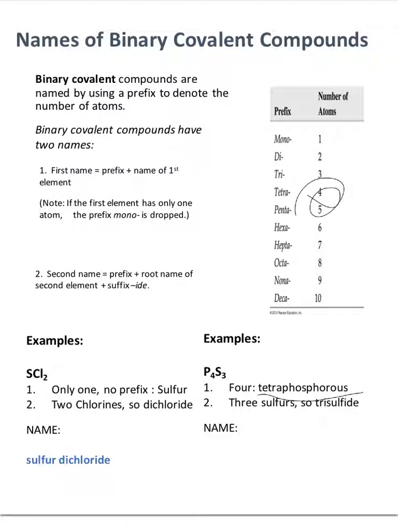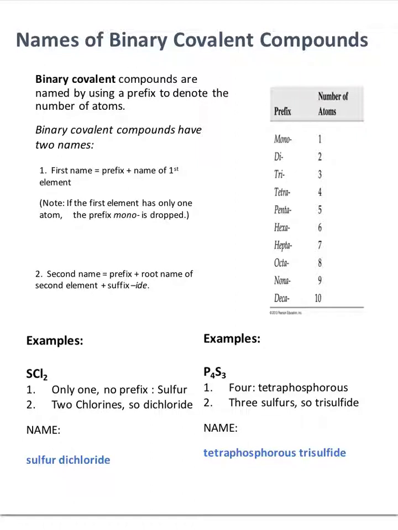And if we follow our naming rules, since it's the second ion listed, what we would do is take the root name, take off the ending, and add IDE. So we get sulfide. And then because there are 3 of them, we use that prefix tri. So we have trisulfide for that portion. And if we were going to name the overall compound, we would have tetraphosphorus trisulfide.